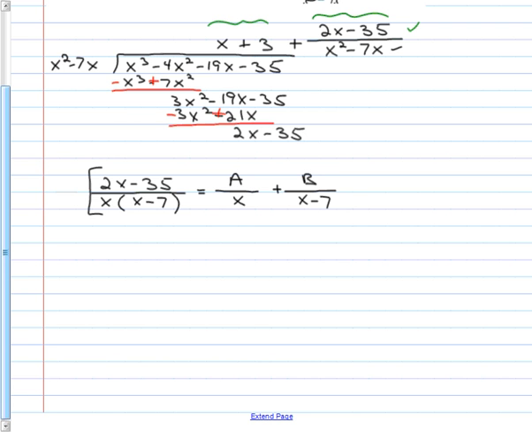So let's clear our fractions by using the x times x minus 7. So 2x minus 35 must equal ax minus 7a, because x would cancel. Ax minus 7a plus bx.